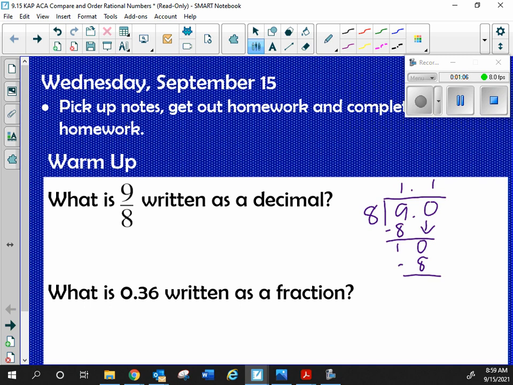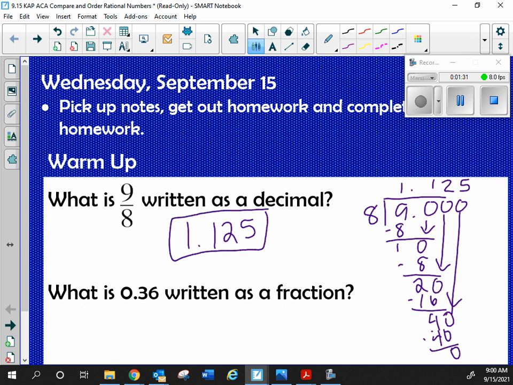I'm left with 2. Add a 0. Bring it down. 8 goes into 20 two times to give me 16, and I'm left with 4. Add a 0. The end is near. It goes in 5 times. Do I have anything left over? No, I don't. So that is 1.125.